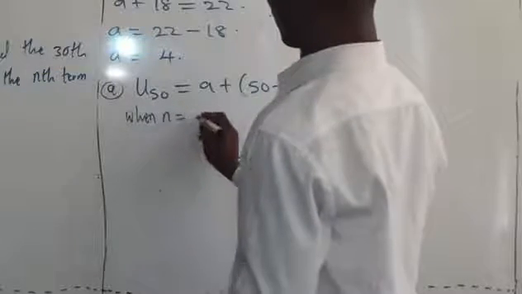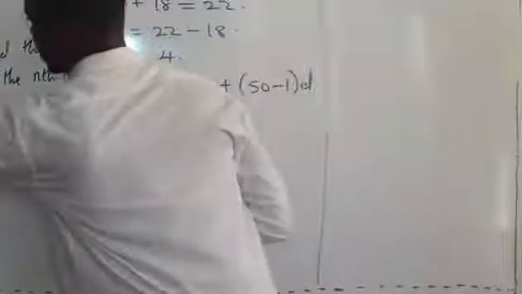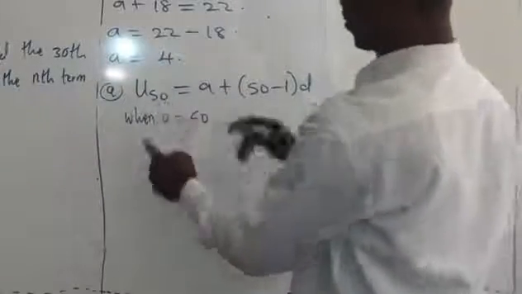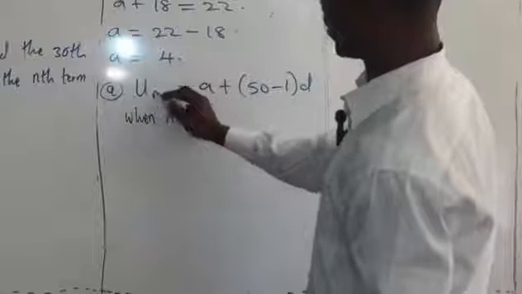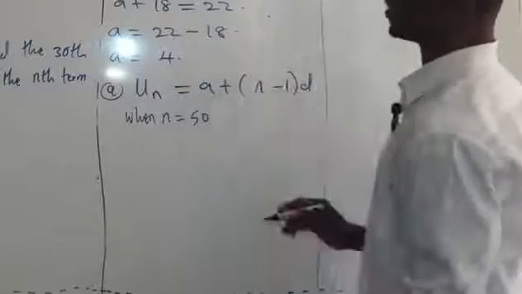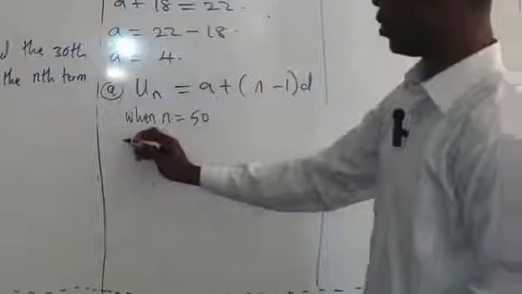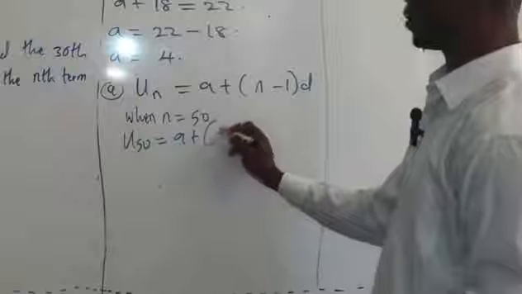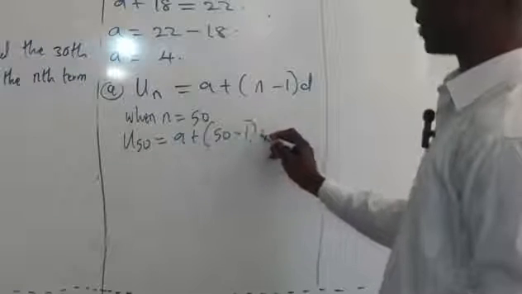Anywhere you see n in this formula, you replace it with 50. So Un equals A plus n minus 1 D, and when n is 50, we have U50 equals A plus 50 minus 1 D.